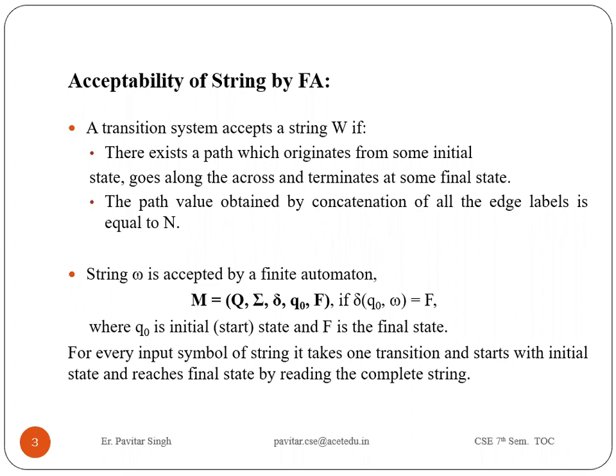So string W is accepted by a finite automata M, let's suppose M is a finite automata, which is represented with a 5-tuple Q, sigma, delta, q naught, F. If delta of q naught, comma W, where W is your string, is equal to F, where F means final state, and q naught is the initial or start state, then it is accepted.